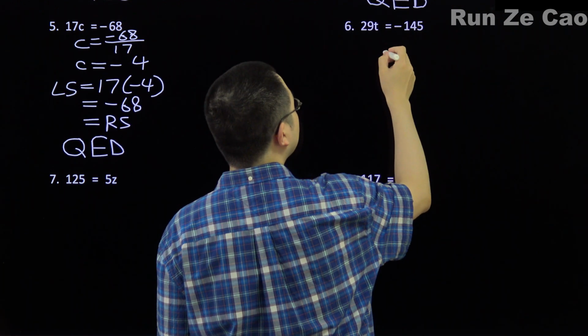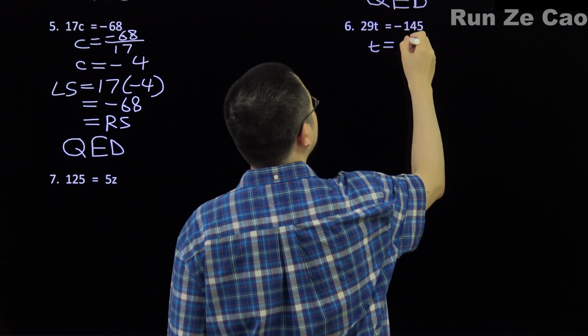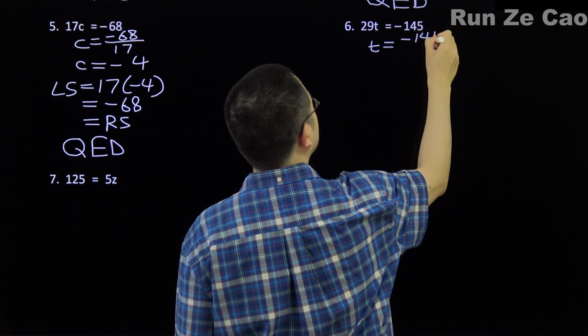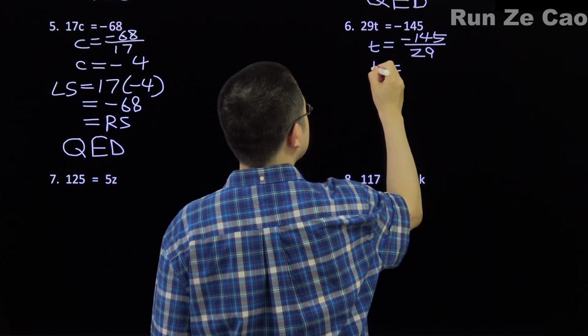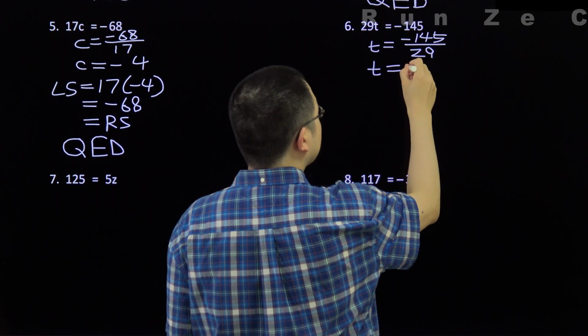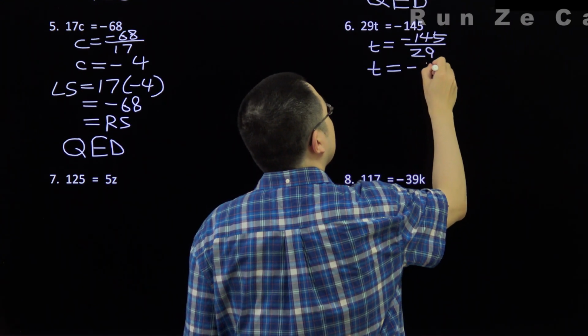29t is equal to negative 145. Well, t is equal to negative 145 over 29. So t is, first of all, negative because there's one negative symbol here. And 5.